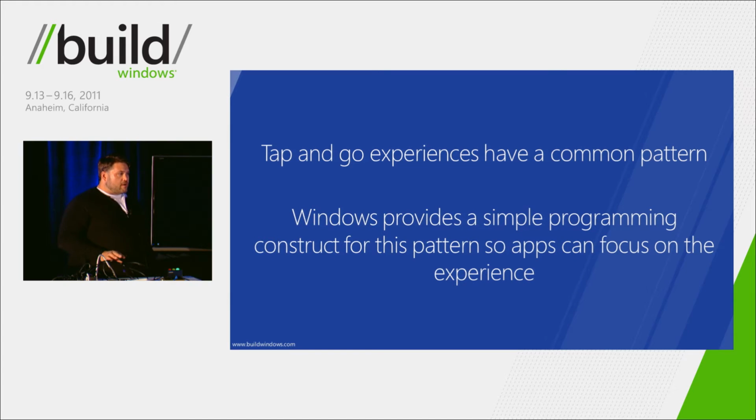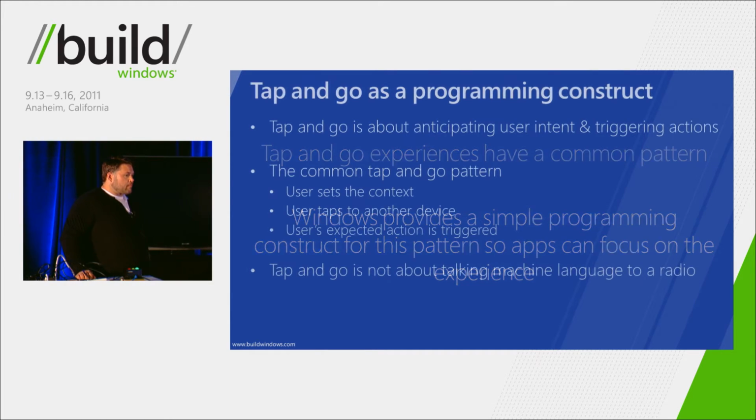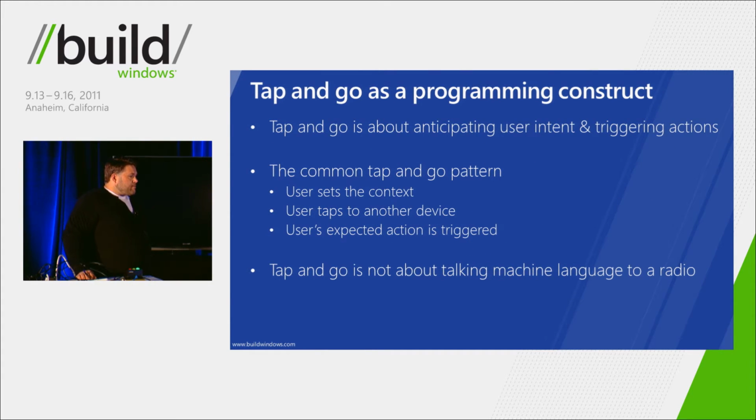And what we've done in our programming model is we've taken this user experience construct and we've mapped it into a programming construct. And we now have that pattern so that app developers can really focus on that experience. So as a construct, tap and go really is about anticipating user intent first, setting up context, and then triggering actions to actually actuate that context.